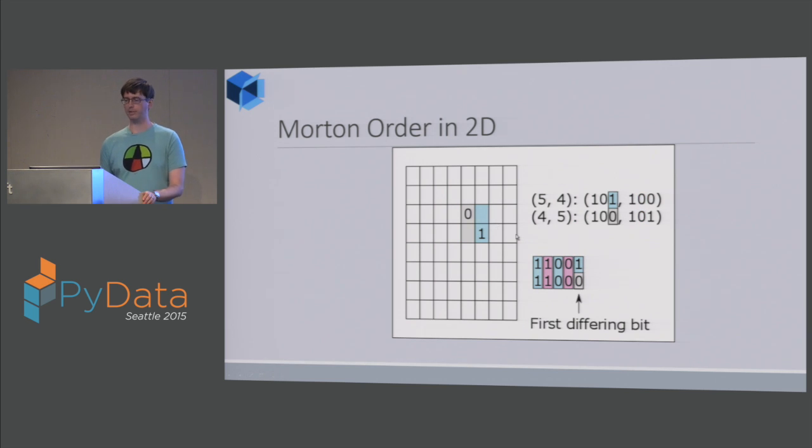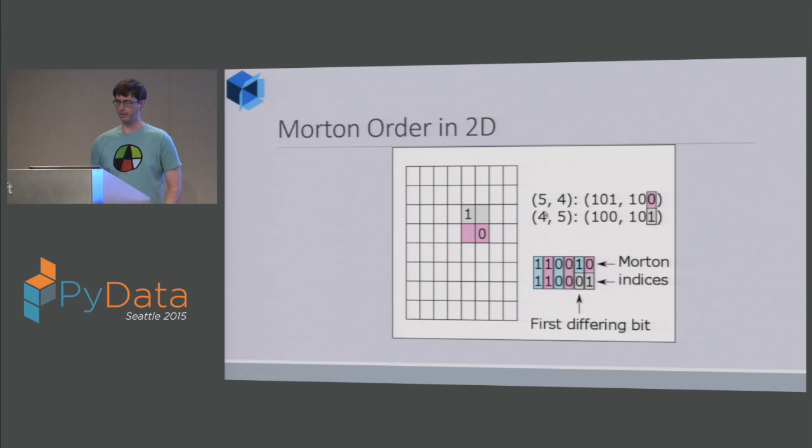And now the first place we see a difference is in the x coordinate in the third bit. And that is actually what determined the ordering. Because it was a 0 in 4, 5, this one comes first, and then the 1, 5, 4 comes second.